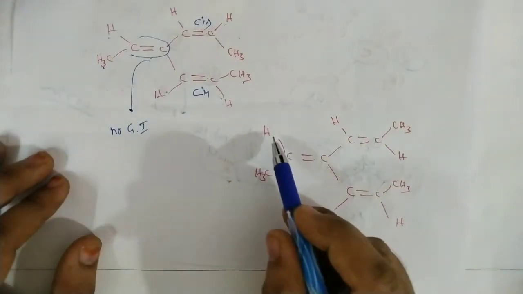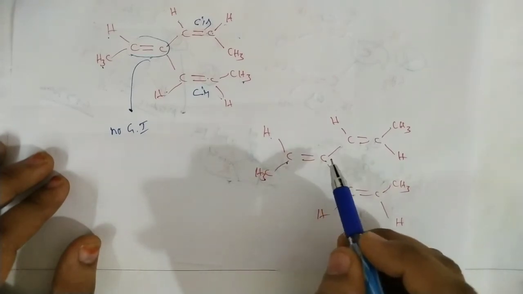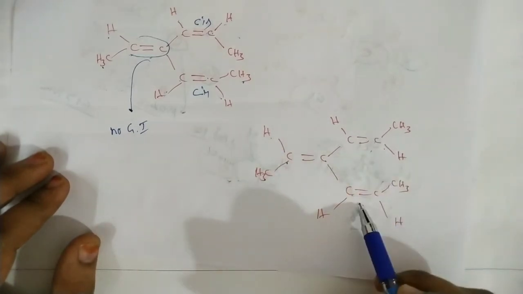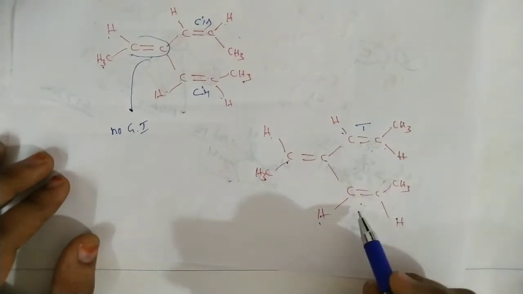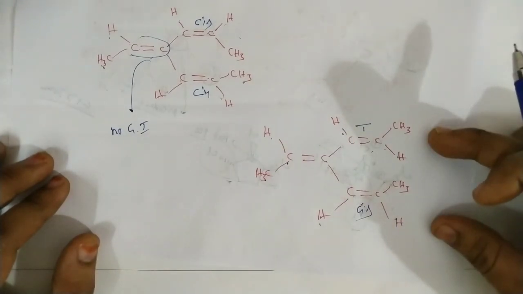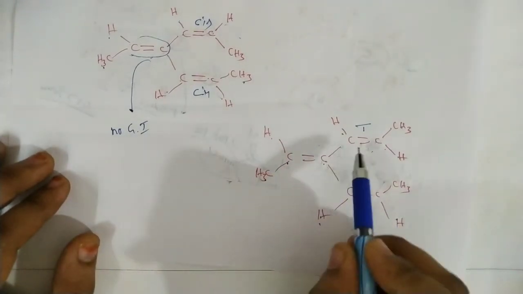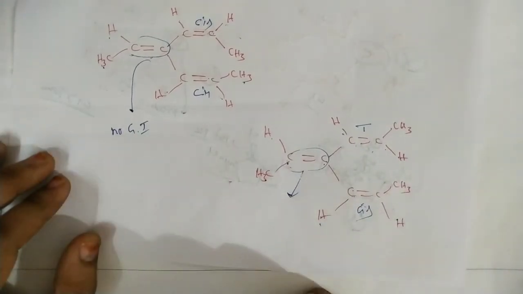Coming to this compound, hydrogen and methyl, different groups on the double bonded carbon, and in this case this is again structurally the same, but here hydrogen is on the opposite side, so trans, and this hydrogen is on the same side, so this is cis. Structurally the same but configurationally different, so this carbon contains different groups, so this double bond exhibits geometrical isomerism.